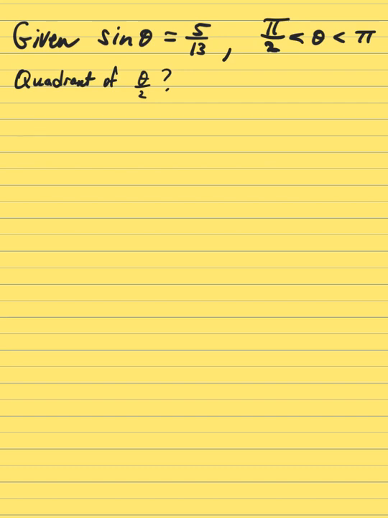Given sine theta equals 5/13 and our angle is located in quadrant 2 between 90 and 180, or pi over 2 and pi, the first thing we're asked on this last homework problem is what quadrant theta over 2 is in.